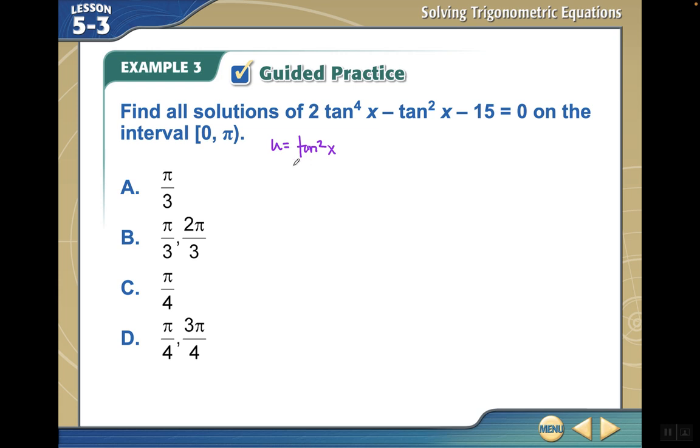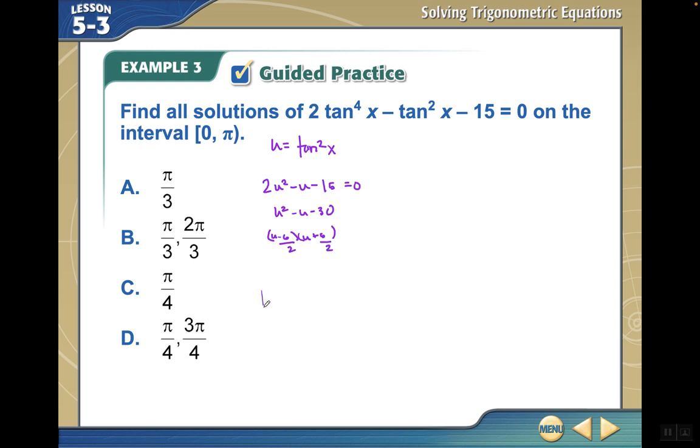So if I substitute u in for tangent squared, I have 2u squared minus u minus 15 equals 0. I will use the swing method and go u squared minus u minus 30. I'm going to factor that into u minus 6 and u plus 5, and then I'll divide by 2.